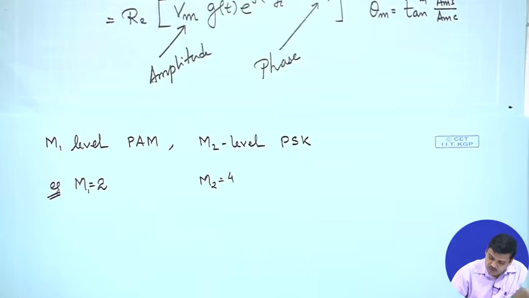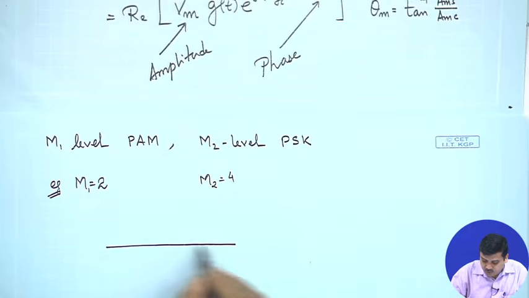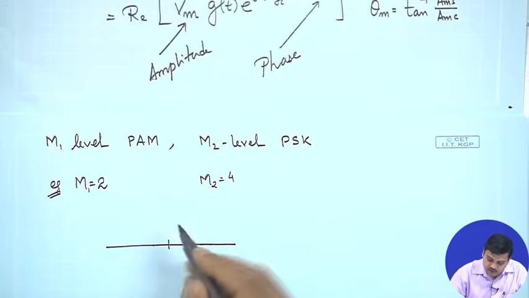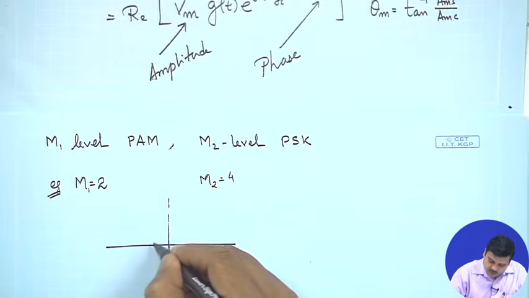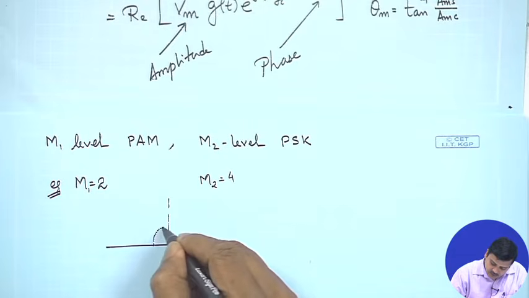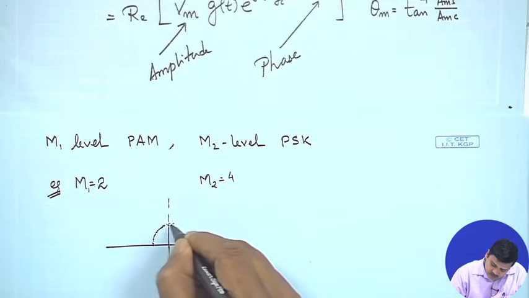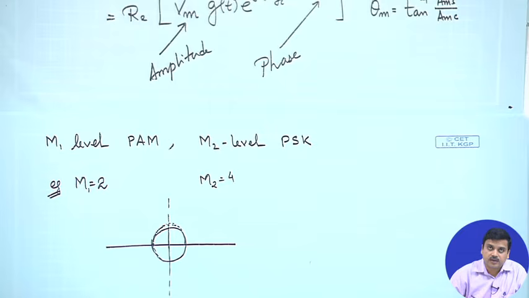So if we try to draw our signal space diagram, I have two different amplitudes. If I select a D and a minus D, we are actually taking phase and amplitude together, so it's not so easy to plot it directly based on these two phases. So what we do is, let us suppose we have one amplitude level covering a radius as the amplitude.